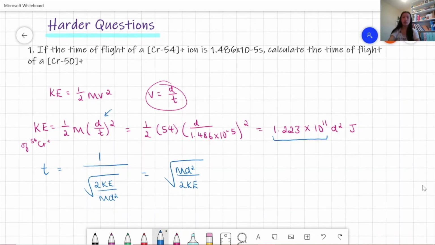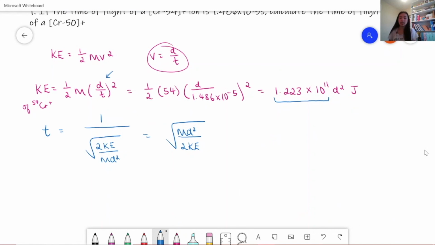So what we get is the time of this chromium 50 plus ion is equal to the square root, and then because the kinetic energy we found has this d squared and we also have a d squared here, these can cancel, and so we'll just have m, which is 50, over 2 multiplied by this 1.223 times 10 to the 11.